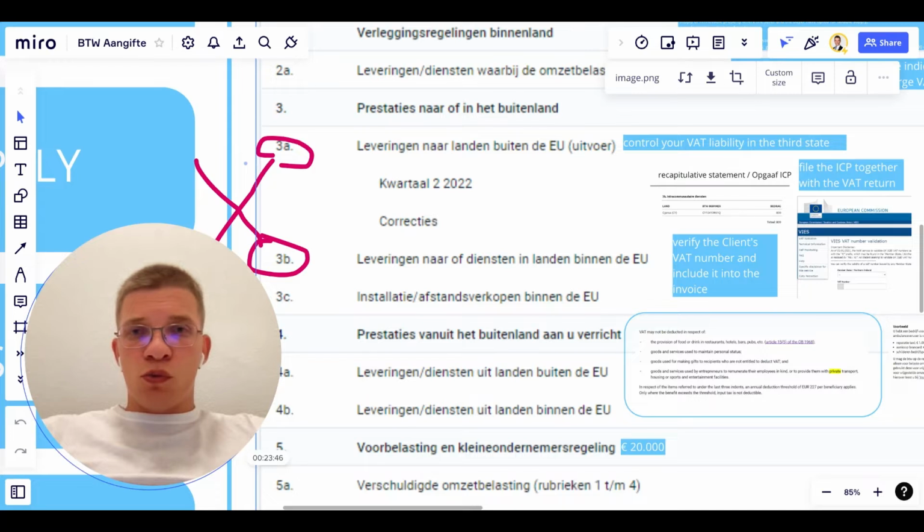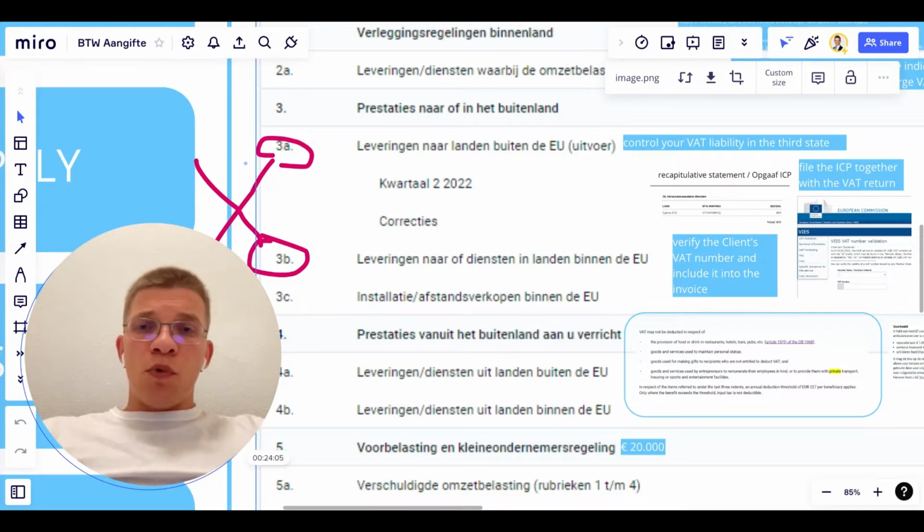Section 3 relates to services which you render to, so section 3b European and section 3a non-European countries. In both cases, since these are B2B services, you don't charge VAT.